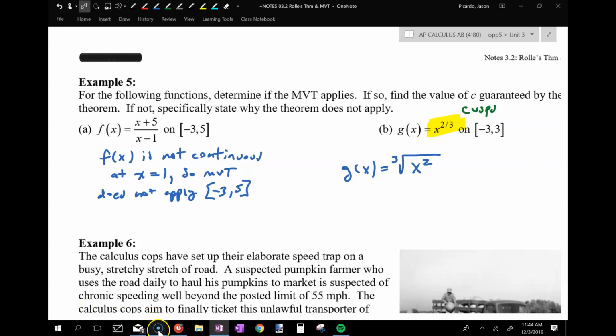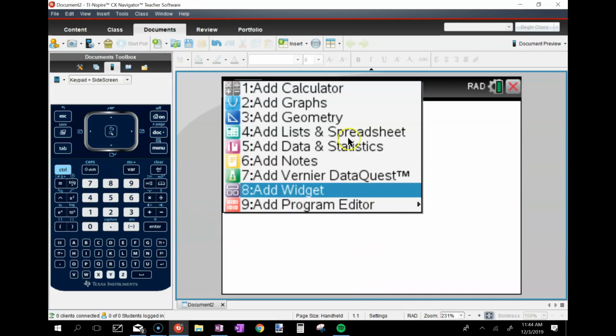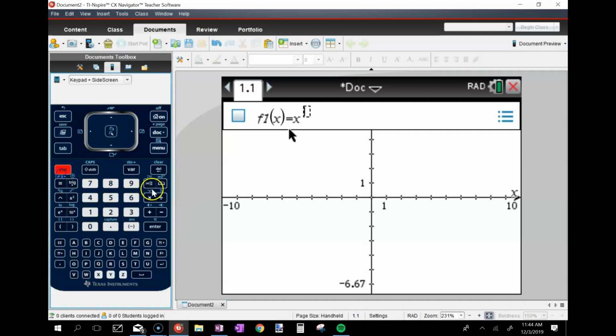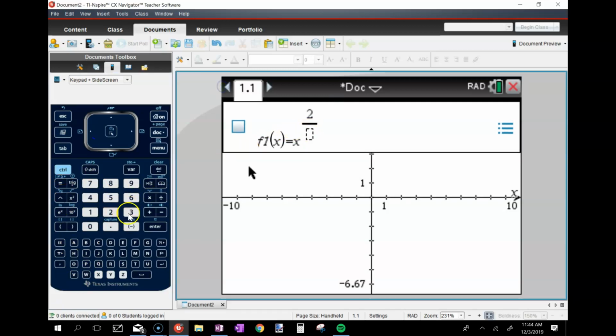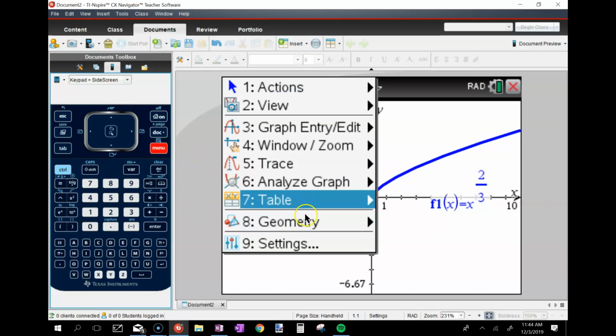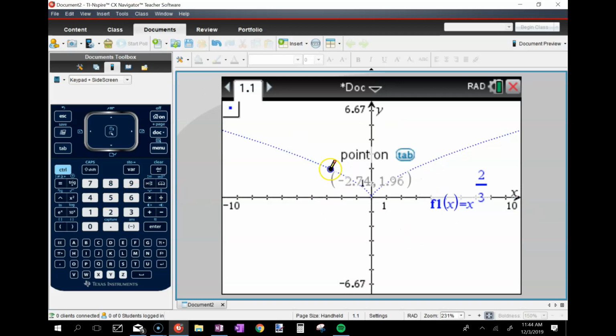That's that sharp point. So watch what happens when I graph this. And we're looking at an interval from -3 to here-ish, right? So within that, what happened? Is there a point that is not differentiable? Yes. So does this theorem apply?